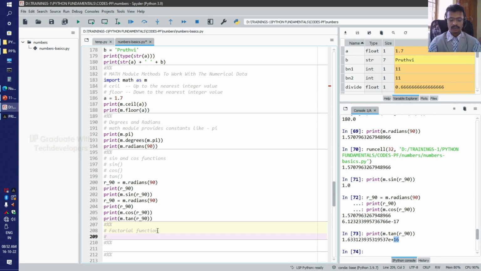For example, the factorial of 4 is nothing but 4 multiplied by 3, 4 minus 1, and then 3 minus 1 is 2, and then 1.